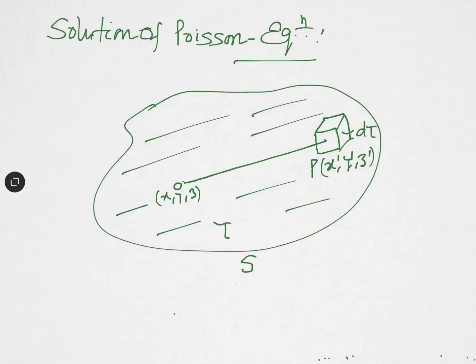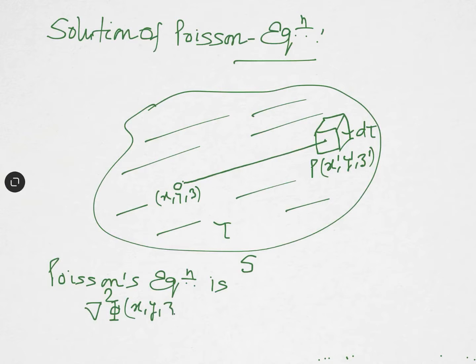Now we will write first of all the Poisson equation. We can write this equation as del square phi of x, y, z.